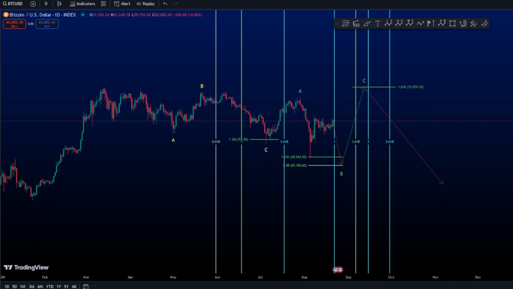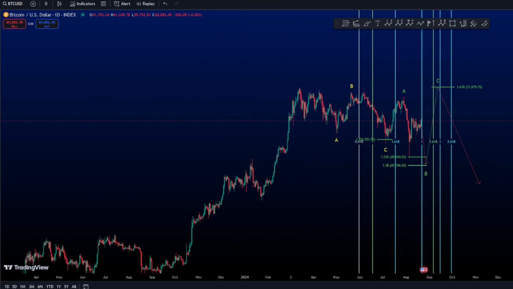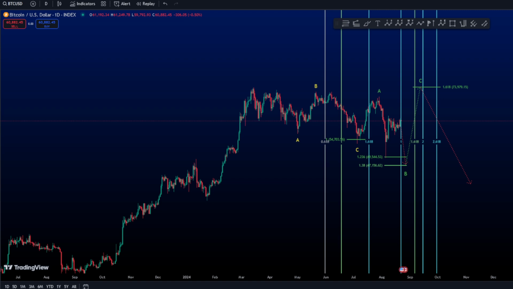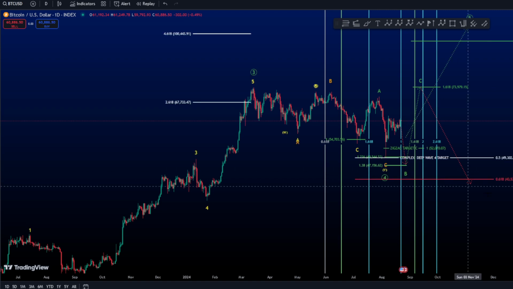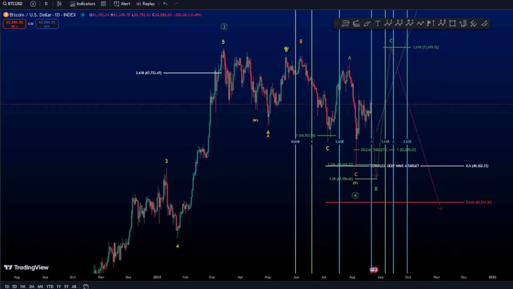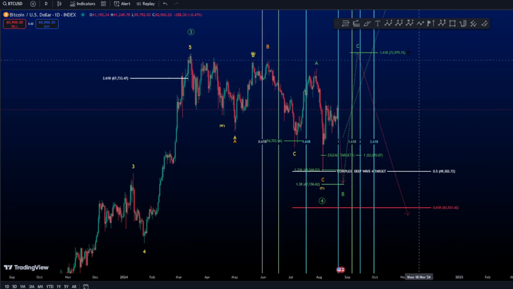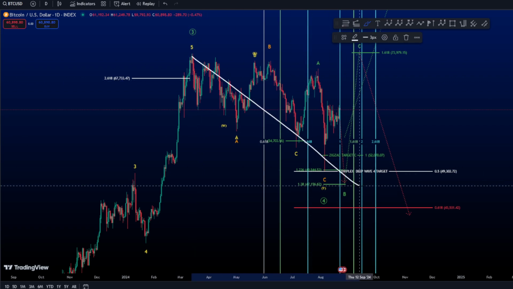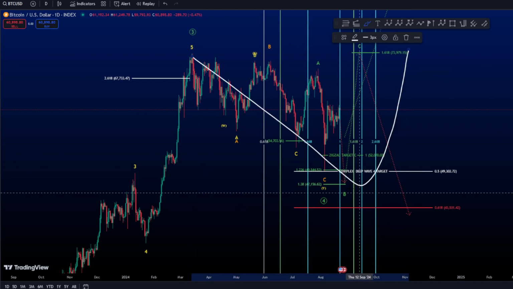So what could happen if we reach this level here is, okay, if we reach only the 1.38, we will not reach the 0.16618. That means the options of a wave 4 are still open even if we go down to this level.